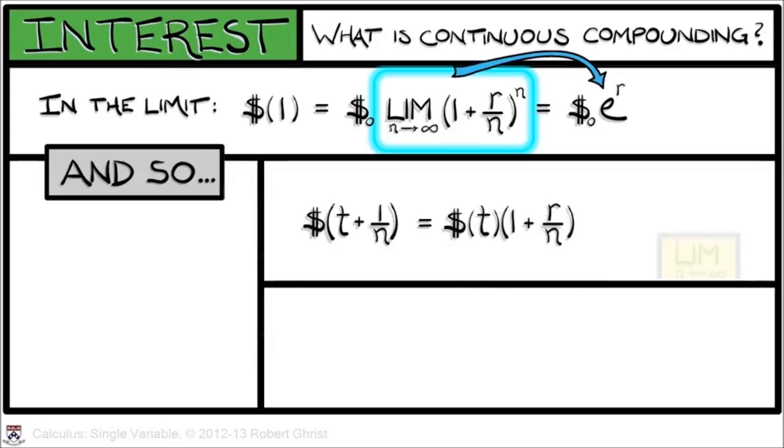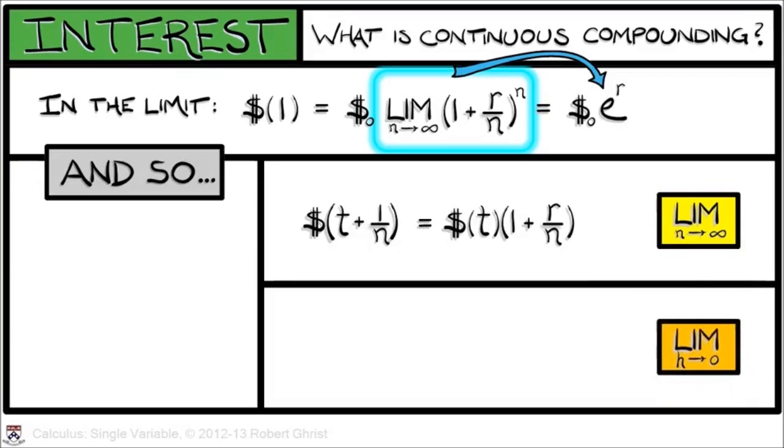And what we want to do is compute a limit as n goes to infinity. Now let's change variables a little bit, and instead of looking at n going to infinity, let us replace 1 over n by h, where h is a small amount going to 0. Then the amount of money at time t plus h is, from the above, the amount of money at time t times quantity 1 plus r times h.